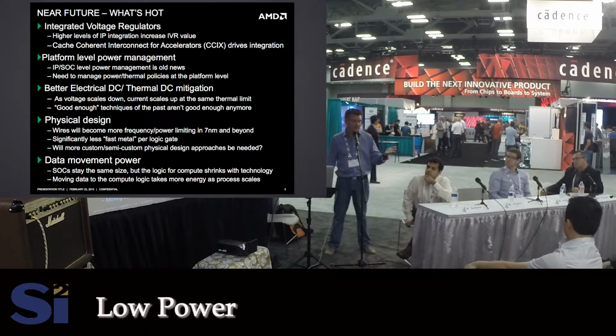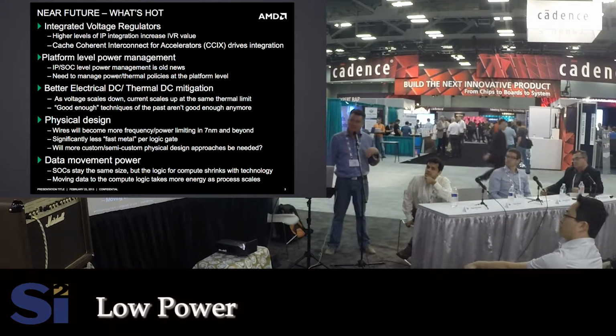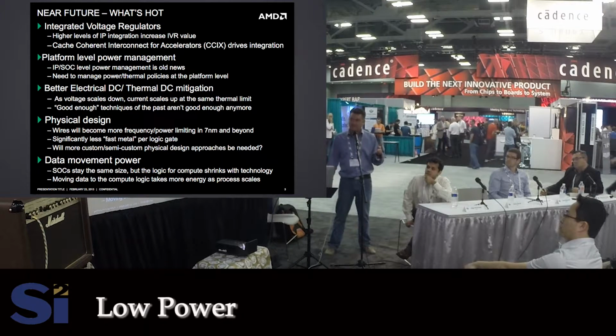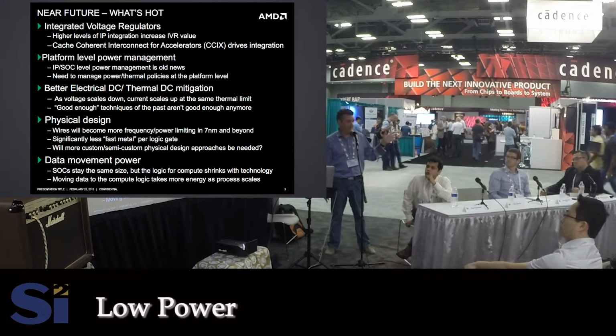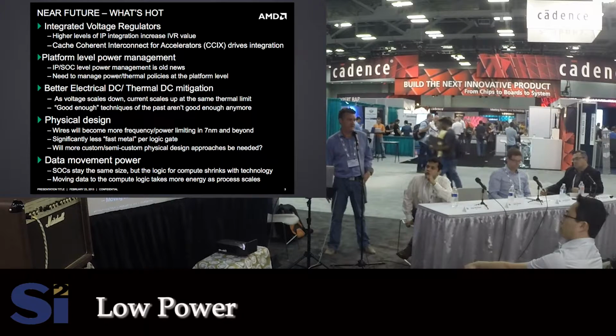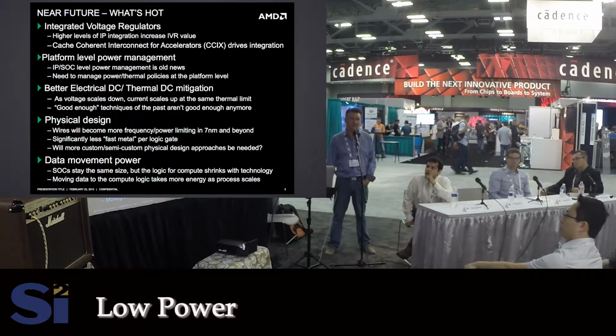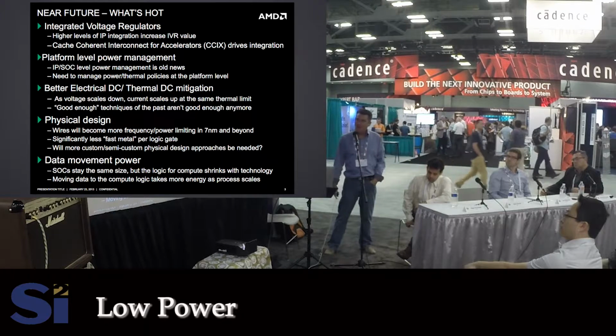EDC being the thermal saturation of the inductor. And the good enough techniques that we may have had in the past to shunt that are not going to be good enough anymore when you look out to 7 nanometer. We're going to have to find either architectural or circuit techniques to solve that problem.